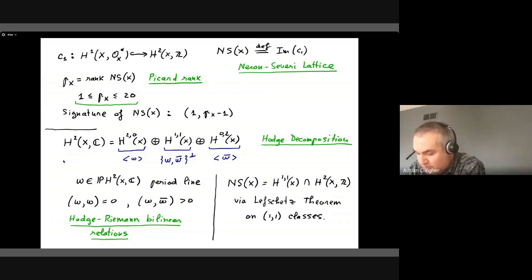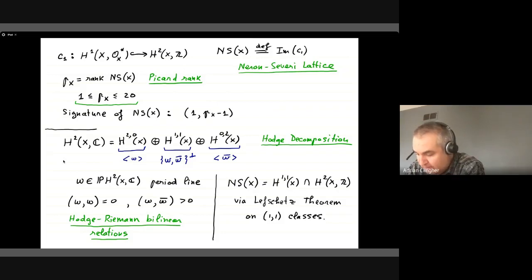In terms of Hodge theory, K3 surfaces are quite nice to work with. We have a Hodge decomposition that splits the second cohomology over the complexes into H20, H11, and H02. And the fact that the canonical class is trivial ensures that H20 and H02 are one-dimensional.